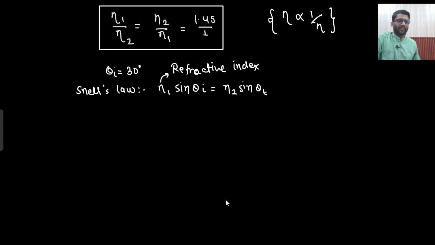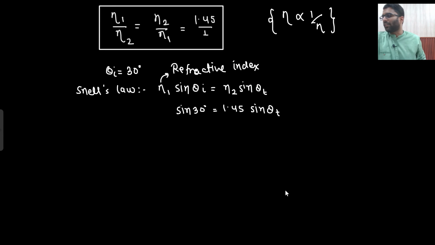This is your refractive index. Is that clear to you? Okay. So this is 1 only, and this is sin 30 is equal to n2, which is 1.45, sin θt. Okay. So from here sin θt I am getting as 0.344. This is the value of sin θt we are getting.